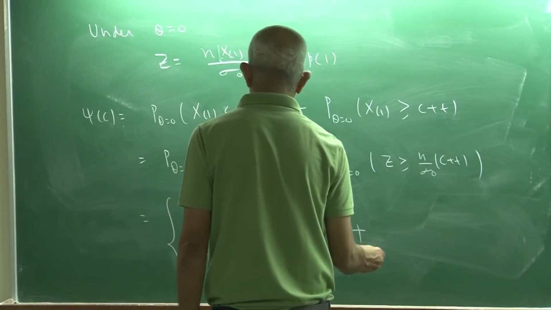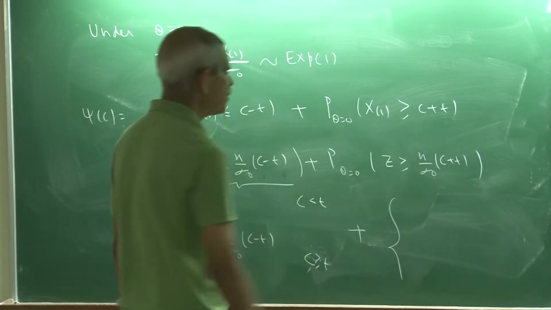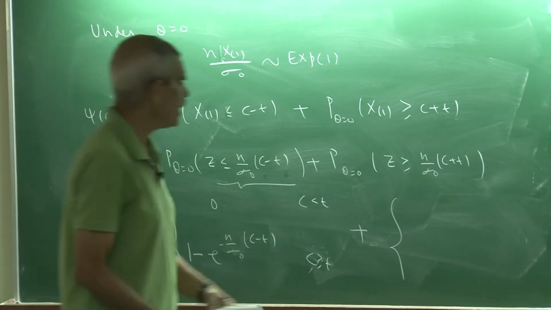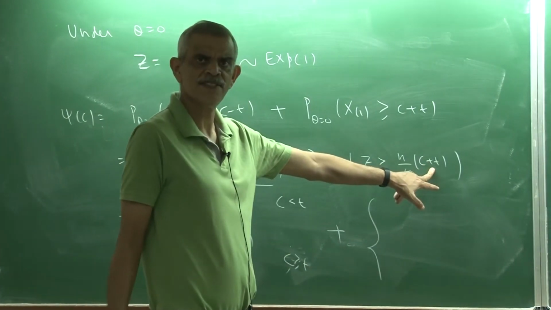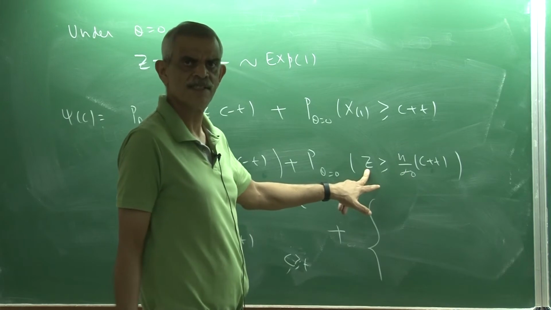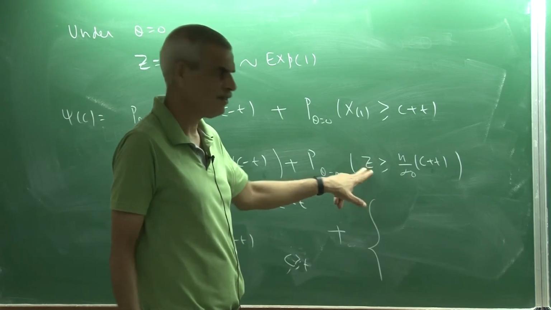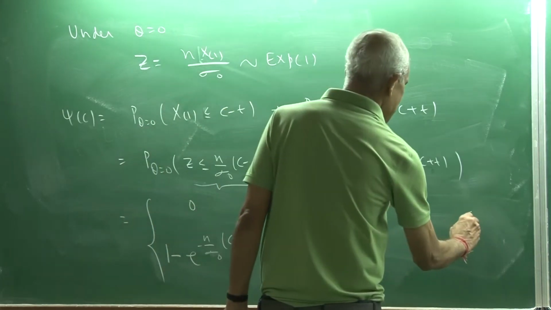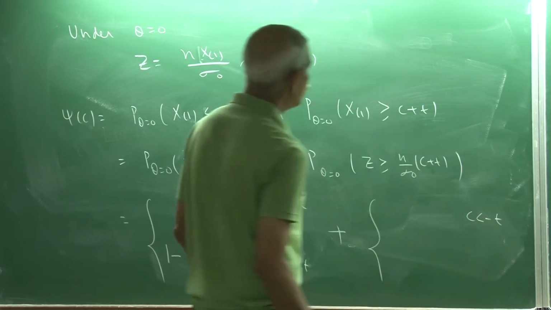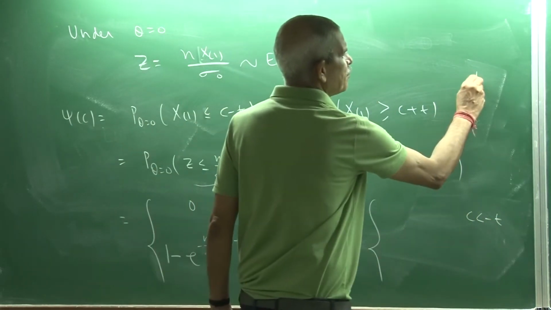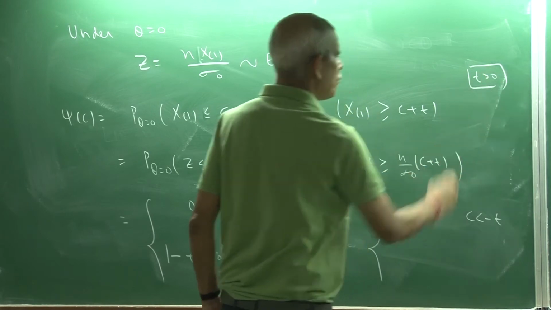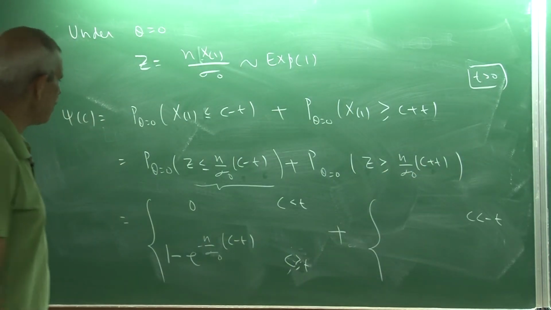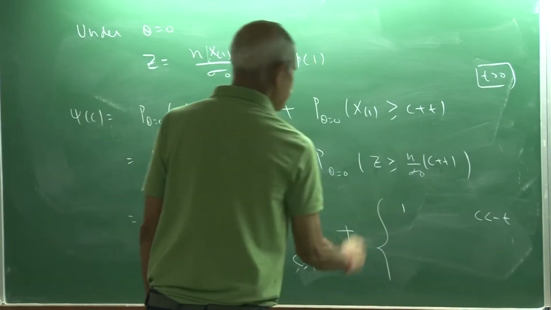Plus, what would be this quantity? Now note that if this quantity was less than 0, then this probability is 1, because z is always a positive random variable. So that means if c is less than minus t, now note that t is positive, right? T is given to be positive. If c is less than minus t, then this is 1.